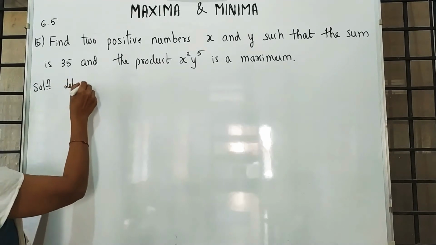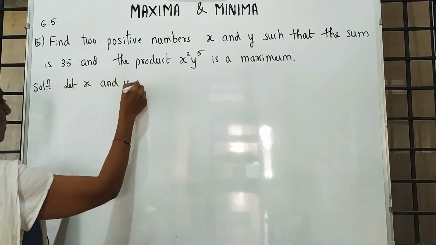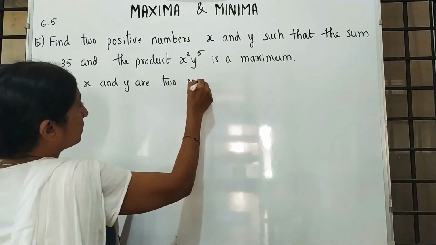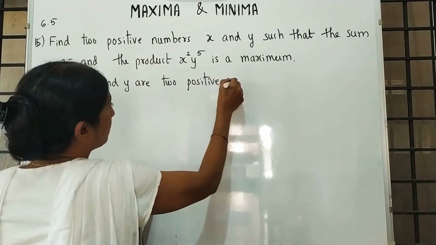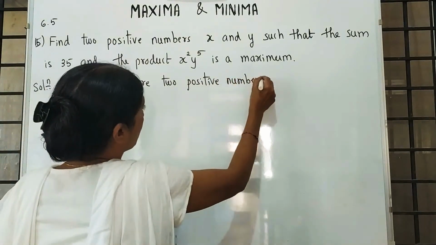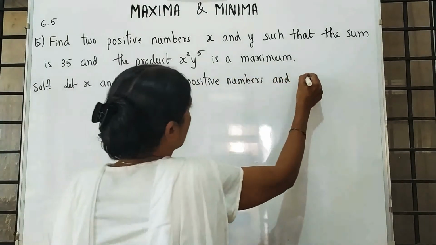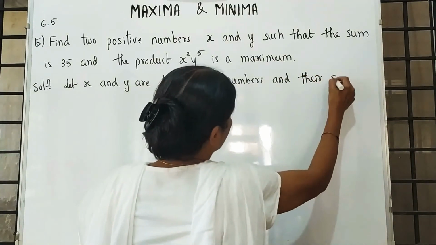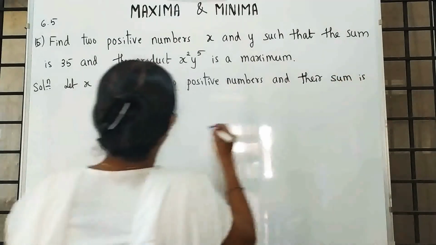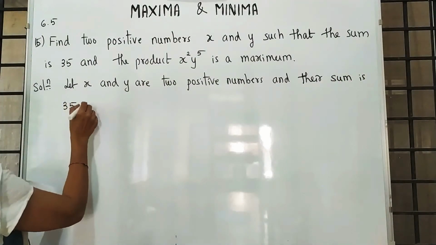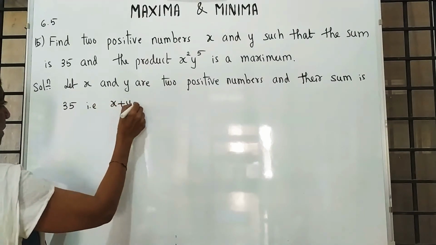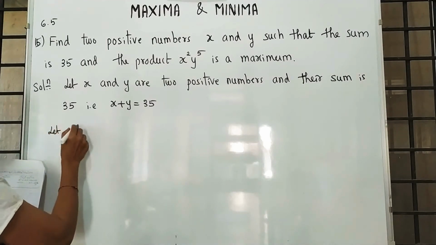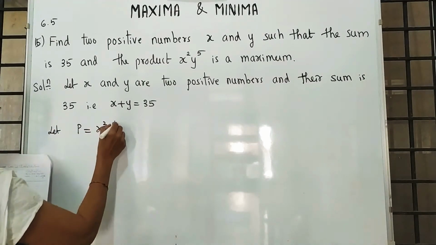Let x and y be two positive numbers and their sum is 35, that is x plus y is equal to 35, and let P is equal to x square into y raised to 5.